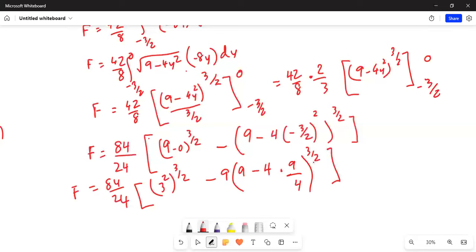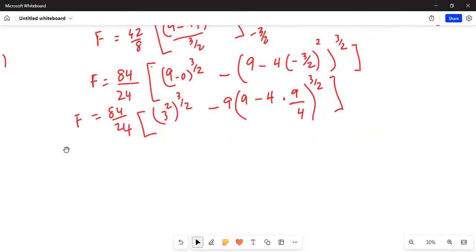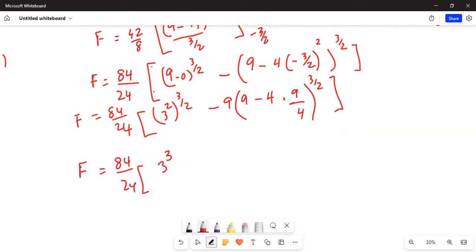Okay, and that will simplify. F is equal to 84 over 24. Now this becomes 3 cubed because 2 and 2 cancels, minus 9 minus 9, 3 by 2.